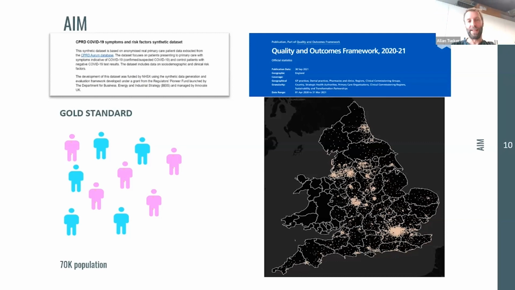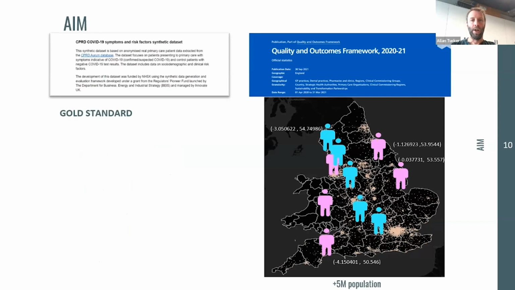So can we allocate those synthetic data points around these GPs so that they create similar distributions in aggregated data, but at the same time don't run the risk of identifying anyone? And so we've come up with different ways of performing these allocations. And then we've assessed them because we do have the true underlying regional information.